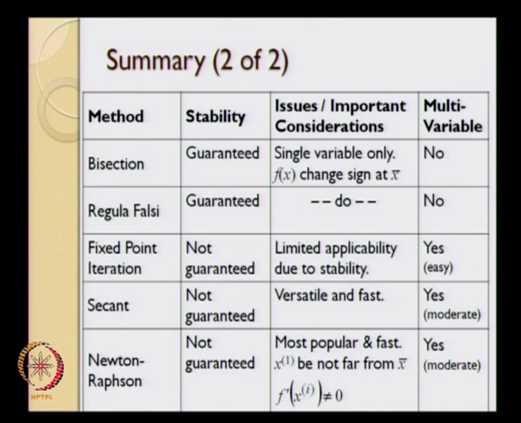The overall requirement is that f dash of x should not equal 0. If f dash of x equals 0, then the Newton-Raphson's method cannot continue.